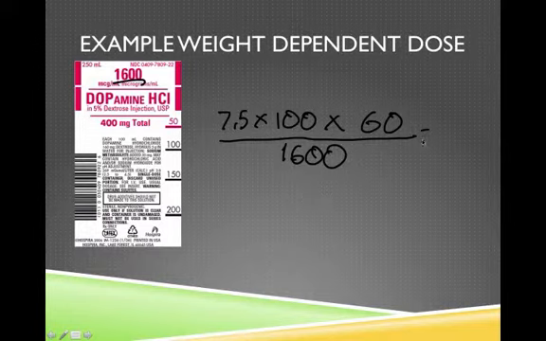And this is going to come out to 28 drops per minute. If you don't believe me, plug it in the calculator really quick. You should come up with 750 times 60 and then divide that by 1,600.